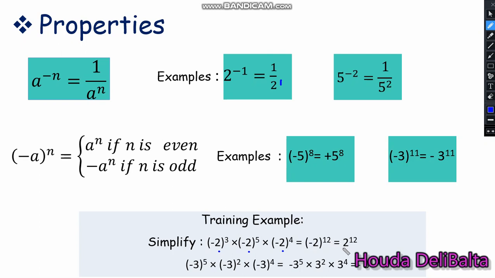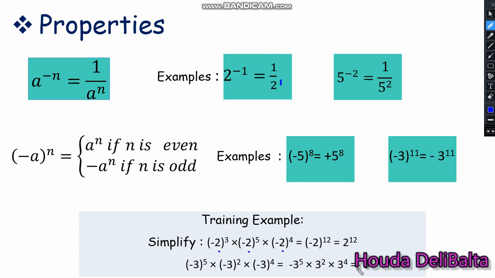While if I have minus 3 power 5 times minus 3 power 2 times minus 3 power 4, the base is minus 3, then I will get minus 3 all of it power 11. 5 plus 2, 7 plus 4, 11, and the minus is kept on the line here.